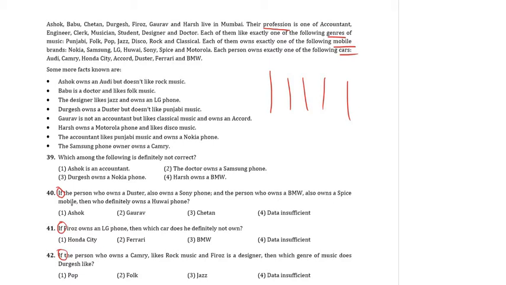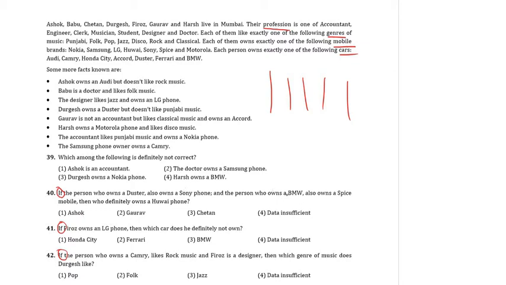So very often what happens is that in matrix questions, when the table does not get filled completely, we think that we've missed something. However, by noticing this, you will realize that certain things definitely are not going to get filled here. For instance, you know that Firoz, in the table you will not be able to map Firoz to an LG phone. Then other things will fall into place.